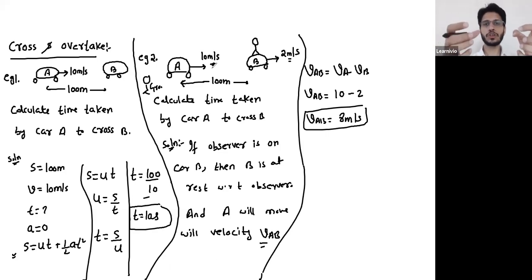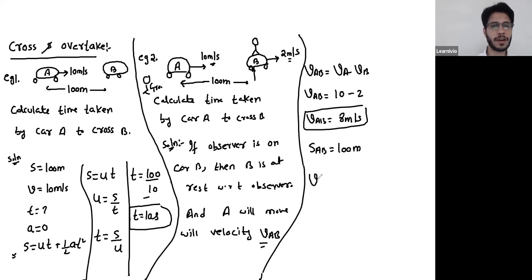But once you put your observer on car B, then with respect to this observer, B will come at rest. So this problem is like this: car B is at rest and A is moving with a velocity of VAB. To cross B, A will cover a displacement of 100 meter.